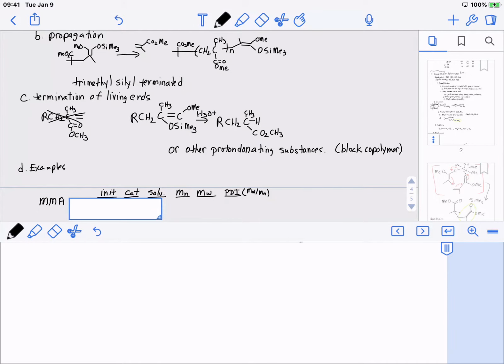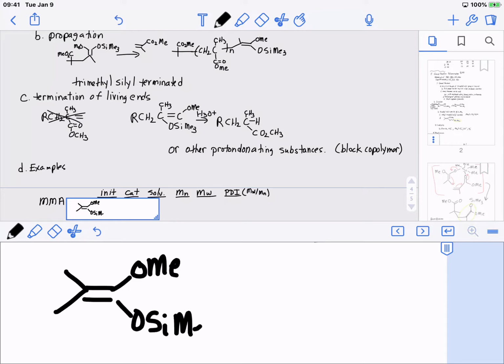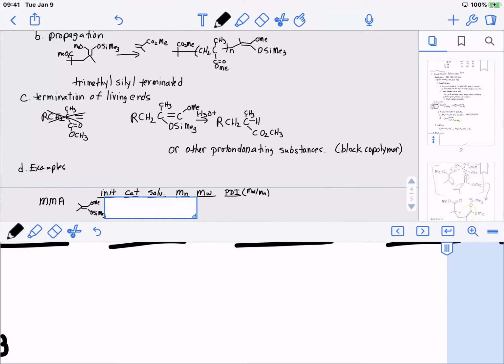So the initiator, need a little room for the initiator here. There's the initiator, catalyst.